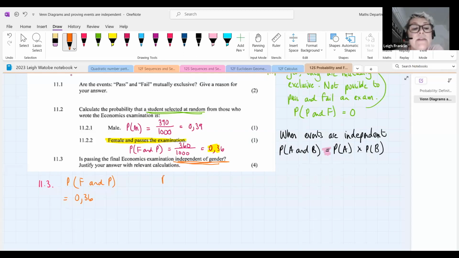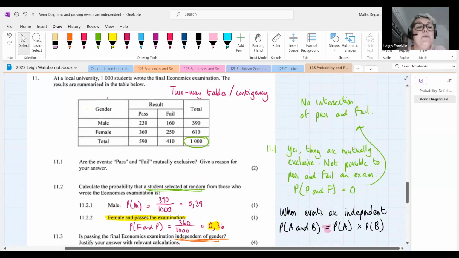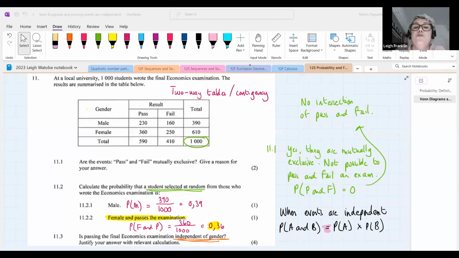Now we're going to separately calculate the probability of being female times the probability of passing. So the probability that a person selected at random is female would be what? No, that's not okay, Pinga, because if the left-hand side does not equal the right-hand side, you can't start off by saying that it does.